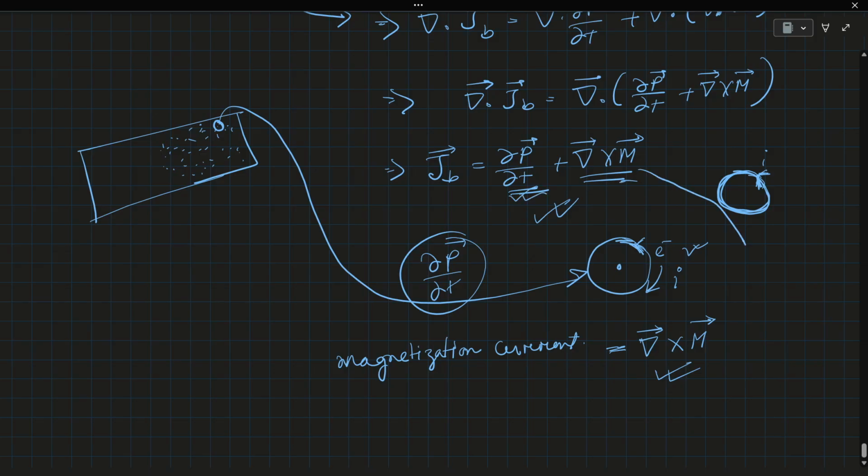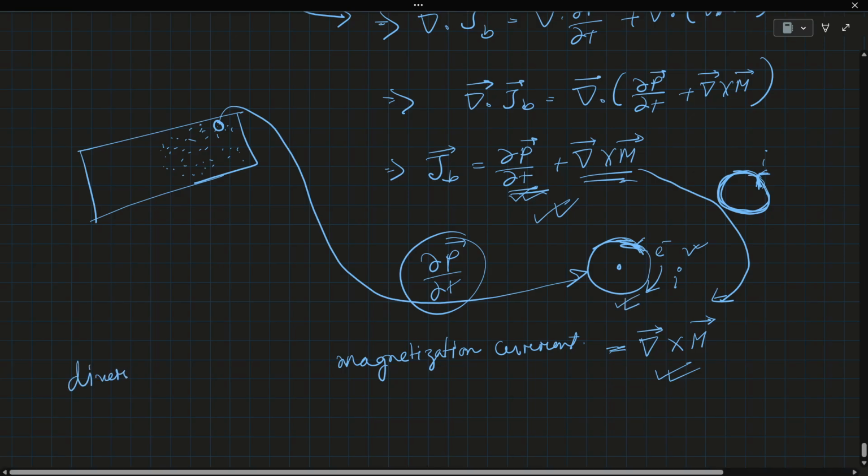This term comes from the magnetization current. So what is magnetization current? It is the current due to the circular motion of the electron in its orbit in the atom. And this is a divergence free current.